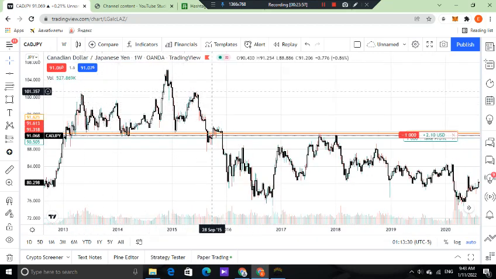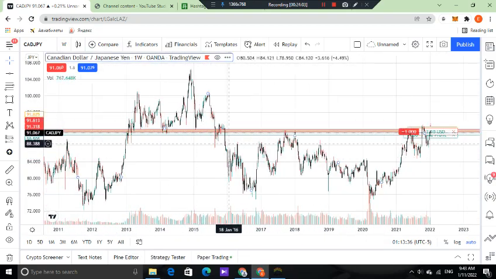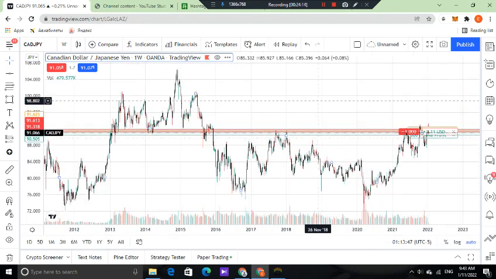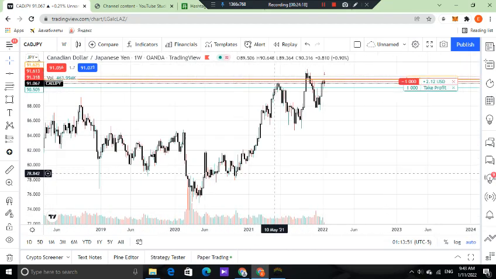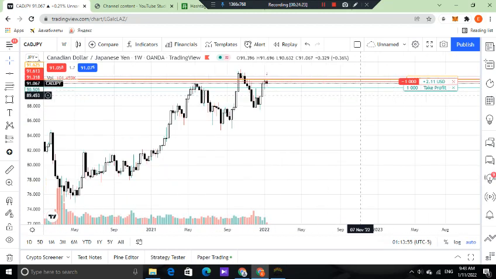We had the trading range for a couple of years, and after that price just went down below this level, and it acted like a resistance, and it lasts till now.